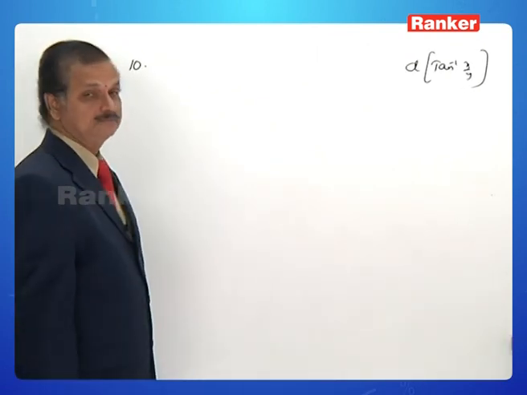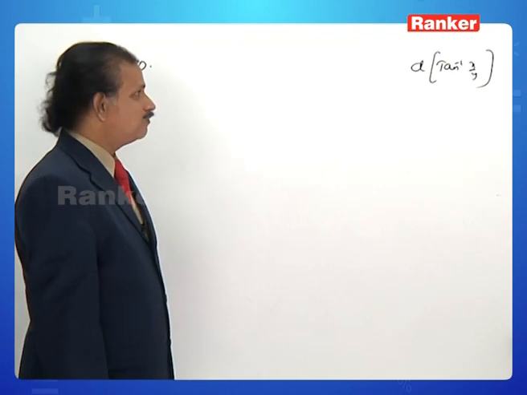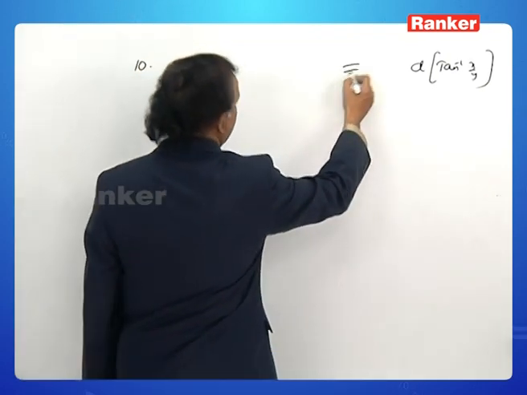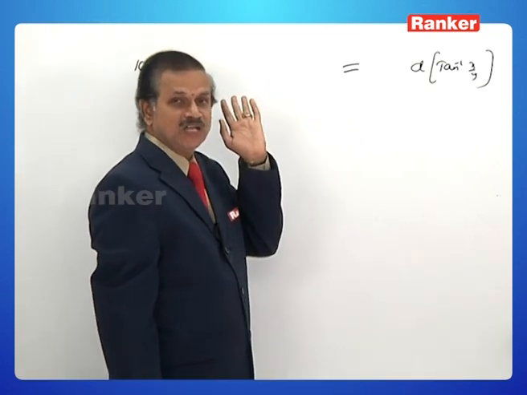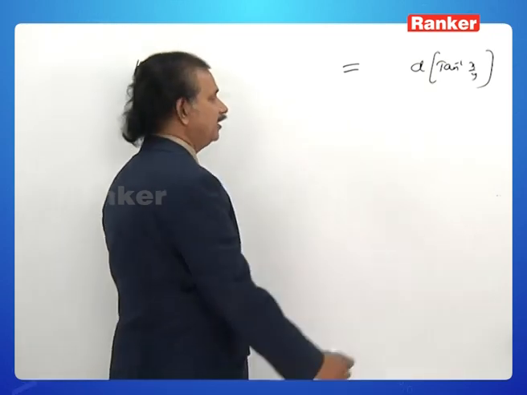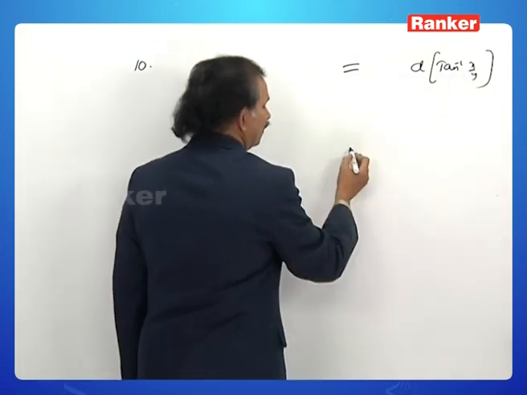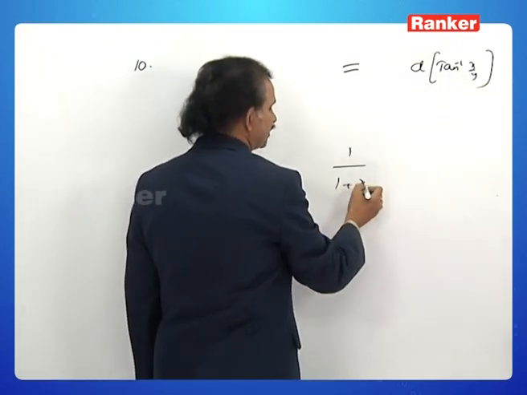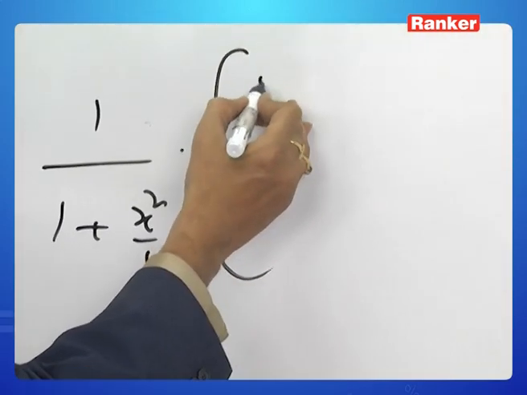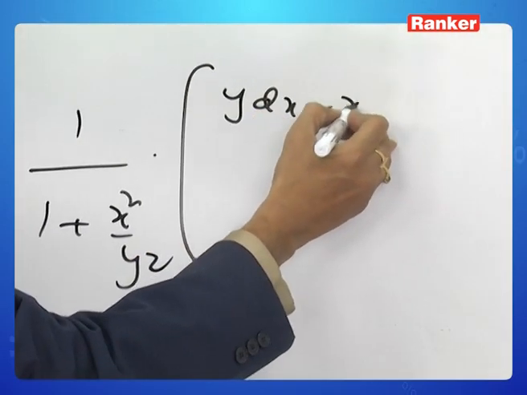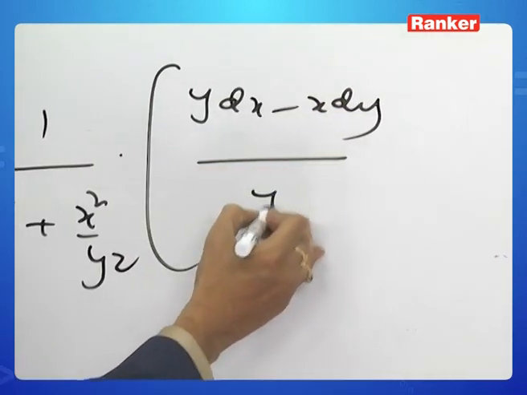What is that? Let us first of all derive that and then use it in the list of the formulas. Look here, you treat this as some x, 1 by 1 plus x square into the derivative of x by y, which is (y dx minus x dy) by y square, isn't it?